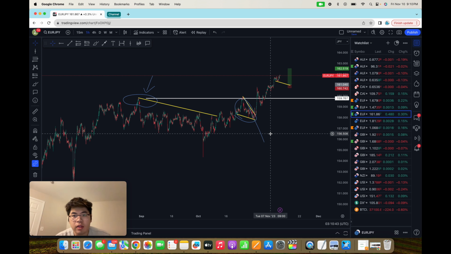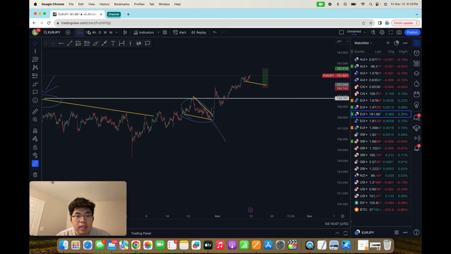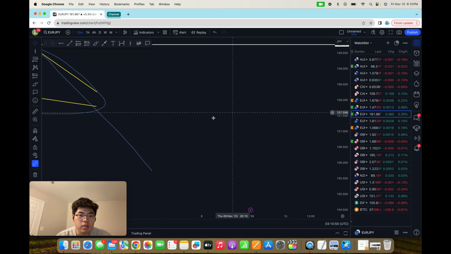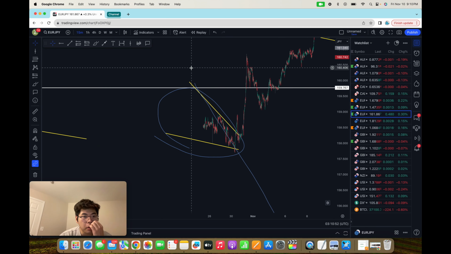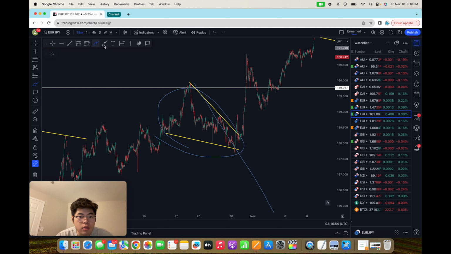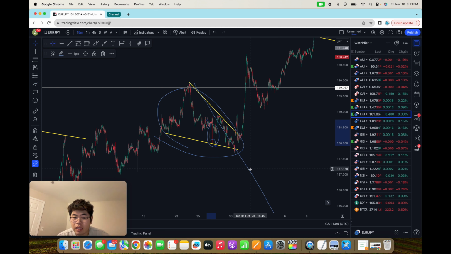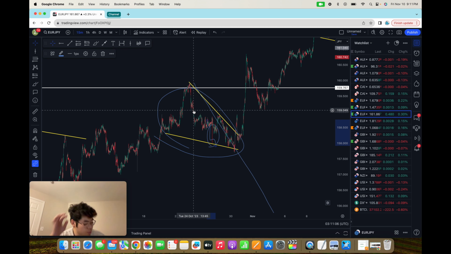If we know how to spot these, it blows up, man. But the reason I didn't get in this trade is because of the details in the market structure. The detail is this right here. This is not really considered a valid section 2 for me. So that's why I didn't get in, because I'd rather not lose capital on this.